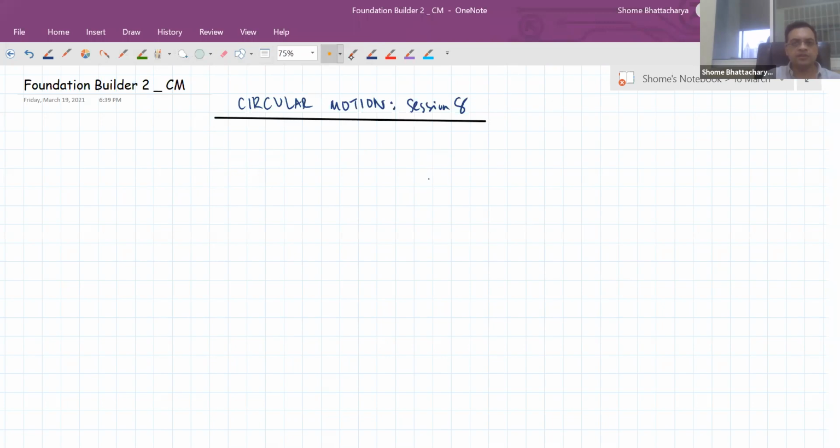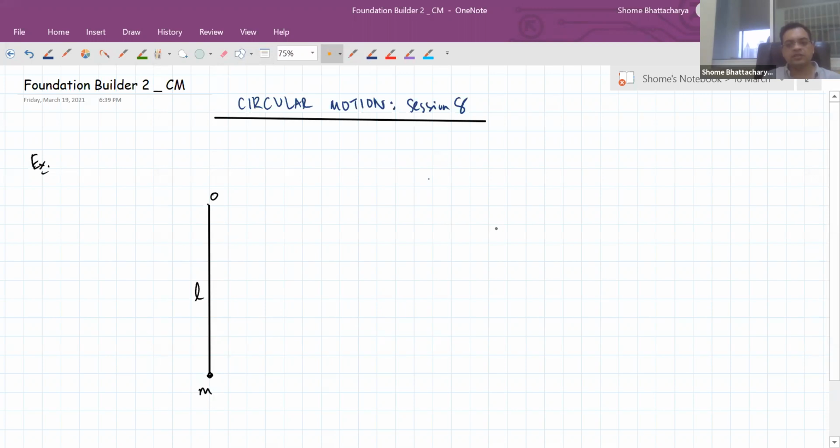Okay, so let's start with this example based on a particle attached to a thread making a two-dimensional vertical circular path, that kind of problem. So once again, this is a light thread suspended from the point O of length L, and this is a particle of mass m.